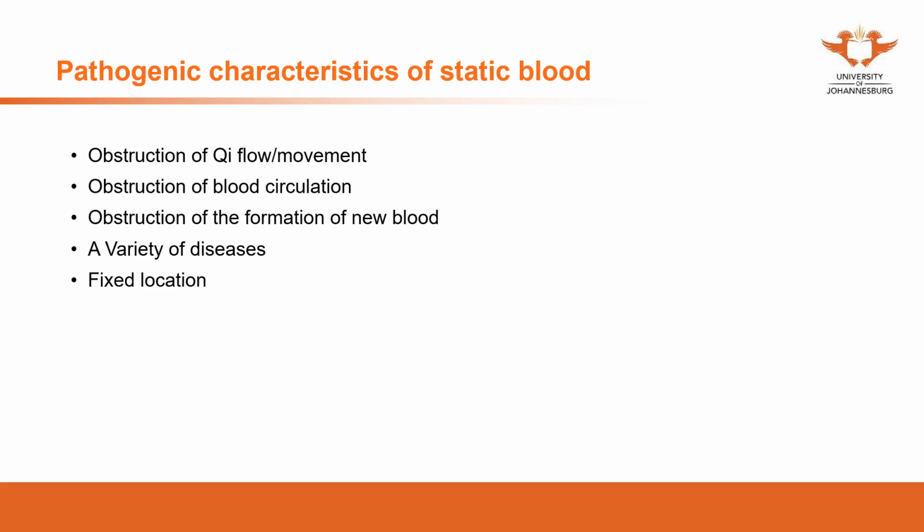If someone has a stomach ache that is also a stabbing pain, then we also think it's due to static blood. That's how we diagnose according to the symptoms, and then we can trace back to the causes.